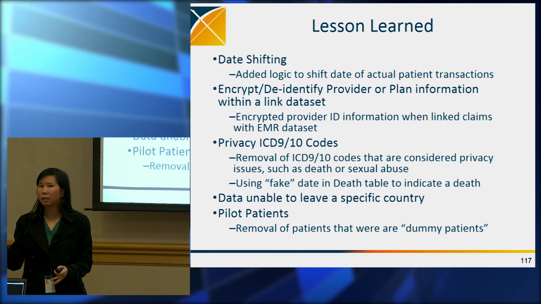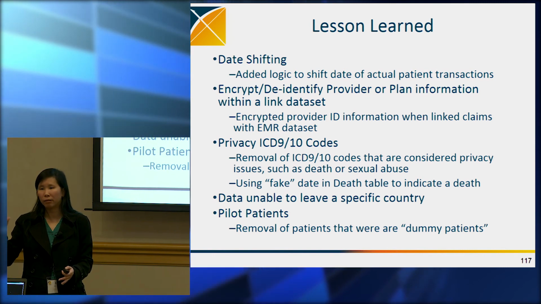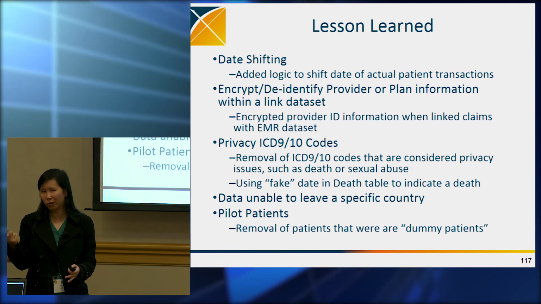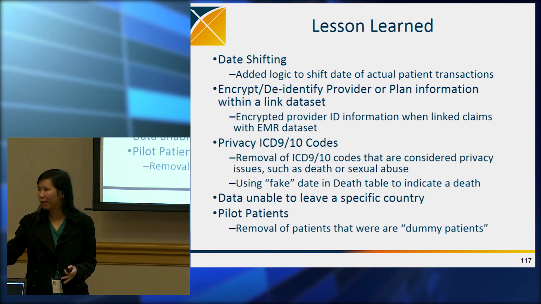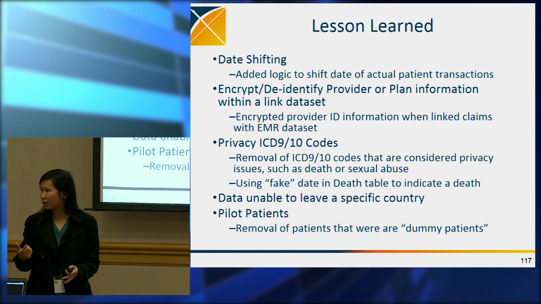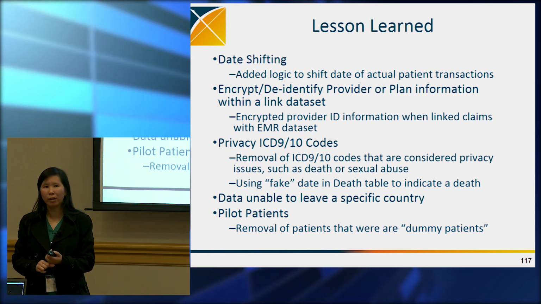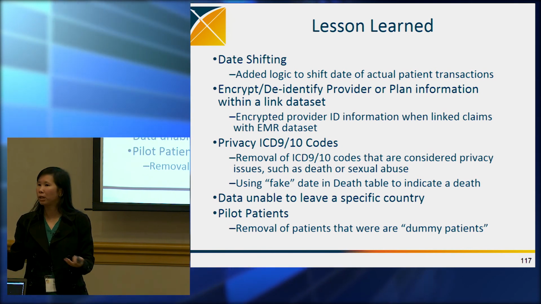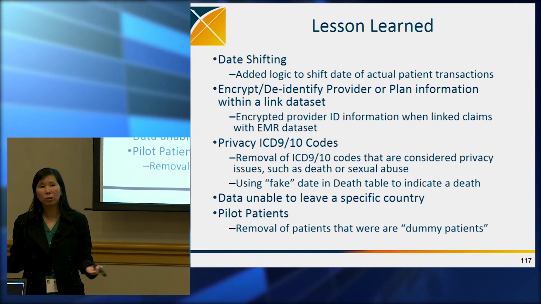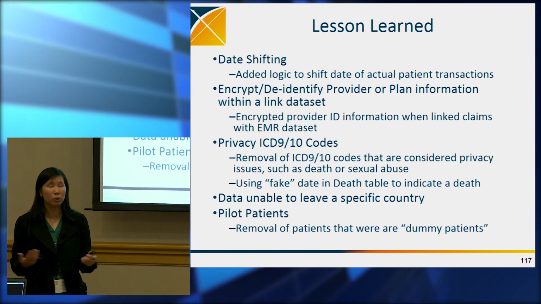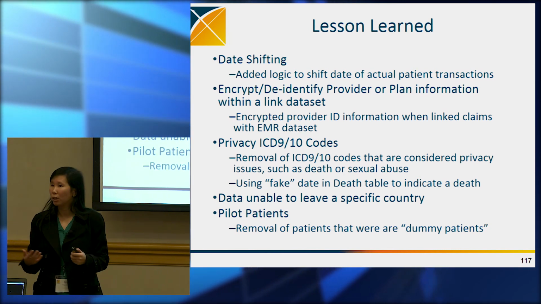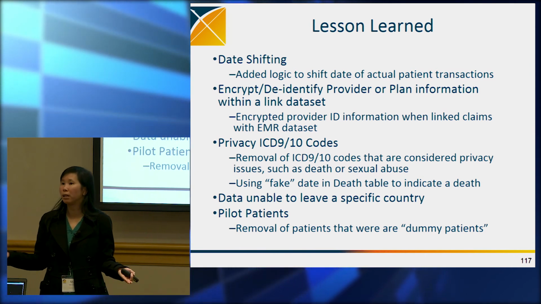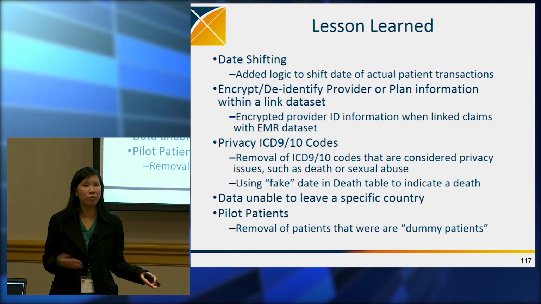So certain things like sexual abuse, or you died in a very horrific car accident: there is a potential chance that if you lived in North Dakota somewhere in some mountain and you got in a really horrific car accident, it shows up in the newspaper, and you know their age, you know approximately where they live, and you know the date of death, you can potentially identify the person. So there are rules where if it's those types of privacy codes, we don't show them. That record at this point in time is removed from the database or removed when you do the conversion.